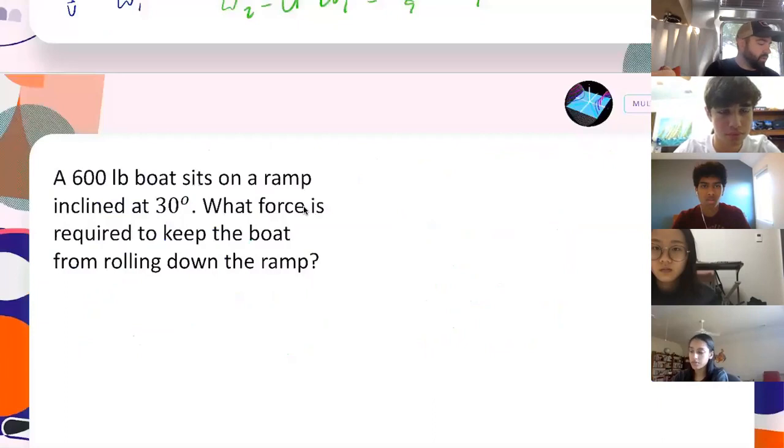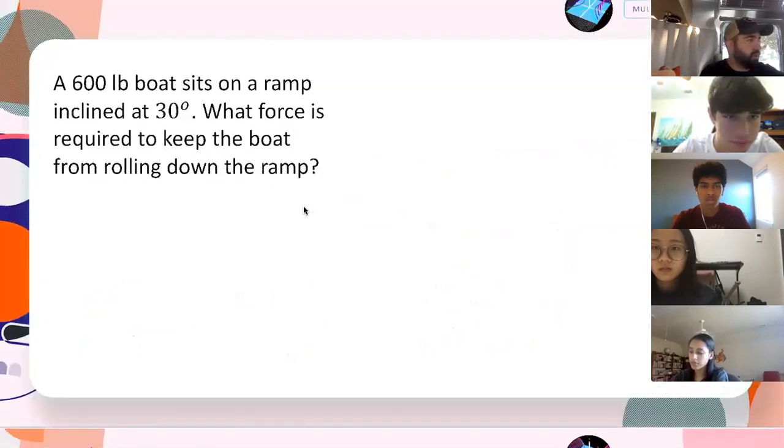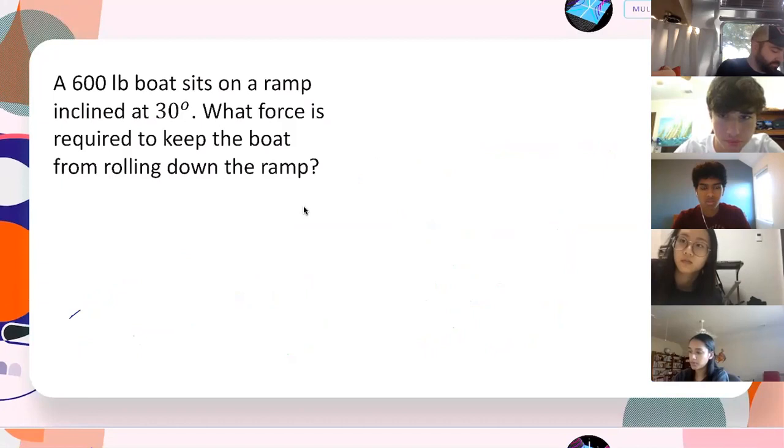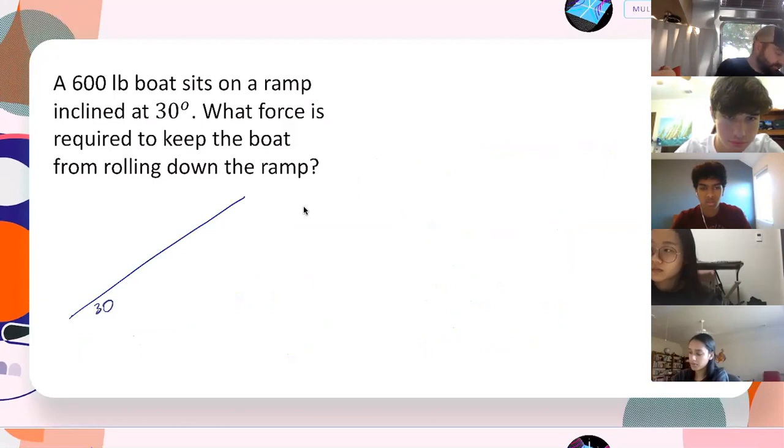Okay, so I used a bunch of boat examples yesterday, and this is basically that same idea. You have a boat sitting on a ramp inclined at 30 degrees. So like this would be the ramp, 30 degrees. What force is required to keep the boat from rolling down the ramp?